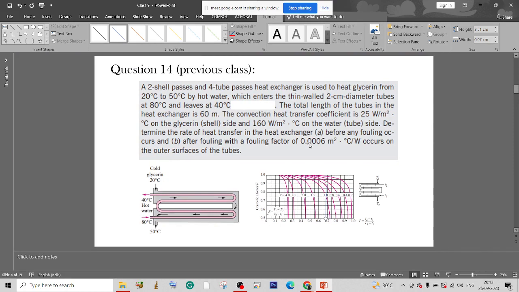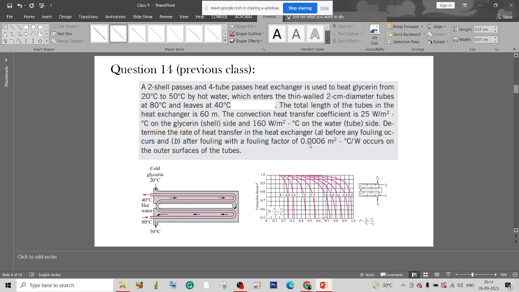So this will come out to be how much? This is 21.6. So the rate of heat transfer will be 21.6 into surface area 3.77 into the correction factor 0.91 into the log mean temperature difference 24.7. This is 1830 watt.